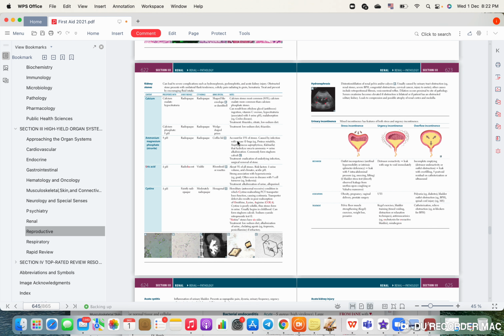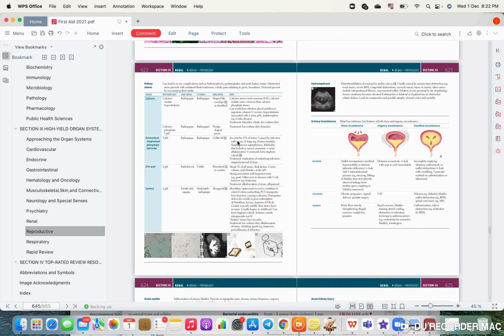The pH will help, that's correct. But let's say that they were horrible and they did not give me the pH. They were even more horrible and they did not give me the shape. Exactly, the age. So the cystine will be in young, and the MAP will be in adult people.